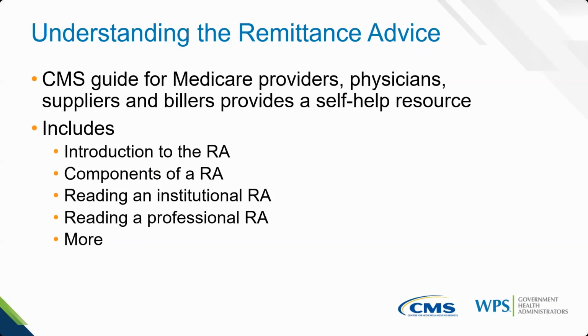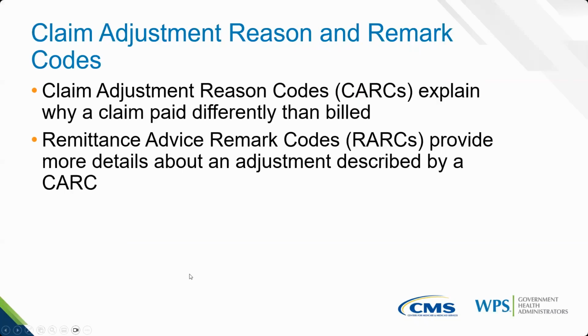So the information on the web page will provide you with an overview of the remittance advice, the components of it, and how to read it, either the institutional remittance advice or the professional remittance advice. There are codes on the remittance advice that provide information about the claim.